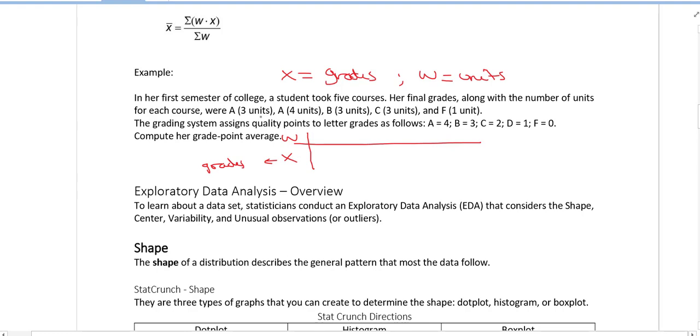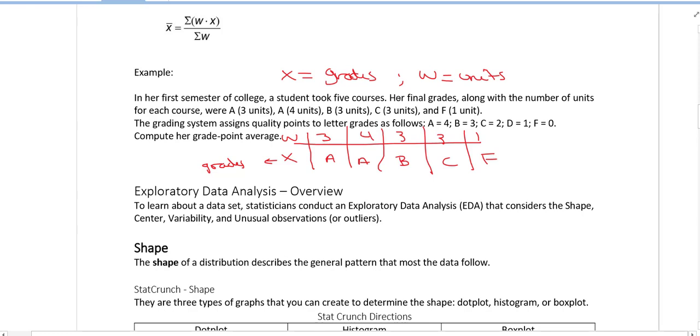So the units, she had, the first class was 3 units, the next class was 4 units, the next class was 3, then 3 and 1. And the grades that she got were A on that 3-unit class, A on that 4-unit class, a B in that 3-unit class, a C, and then an F.